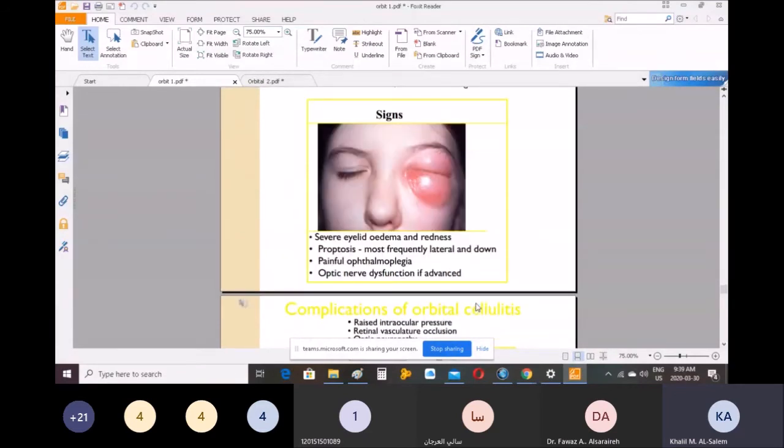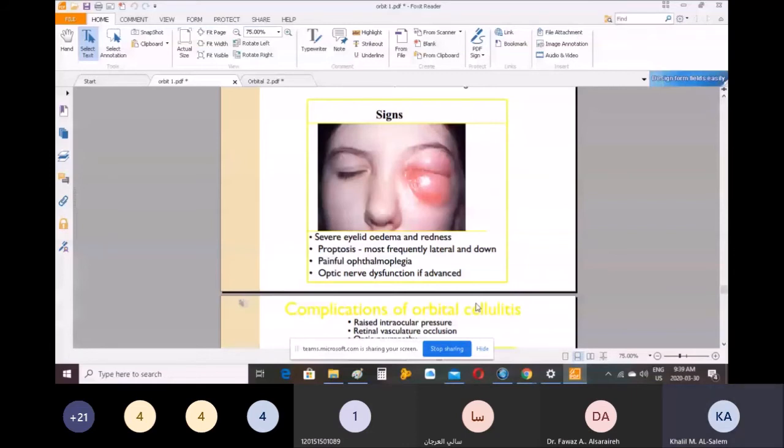In patients with preseptal and orbital cellulitis, they can come with edema, redness, hotness. Ptosis is uncommon unless the patient has orbital cellulitis. Pain is there in both. And optic nerve dysfunction, if advanced, doesn't happen unless the patient has orbital cellulitis, and the patient will have total ophthalmoplegia as well.